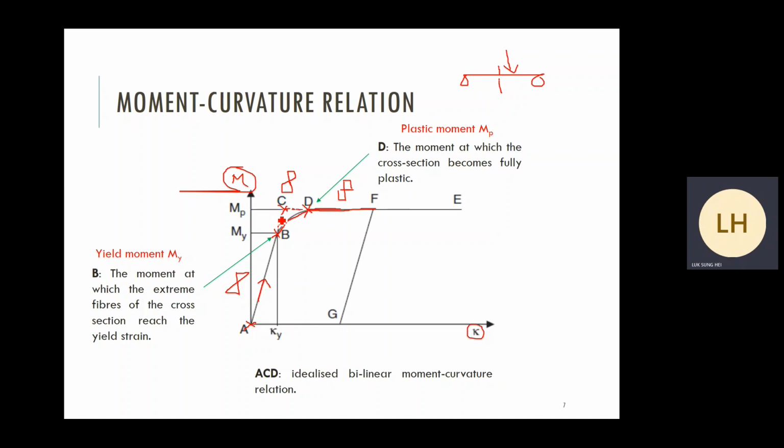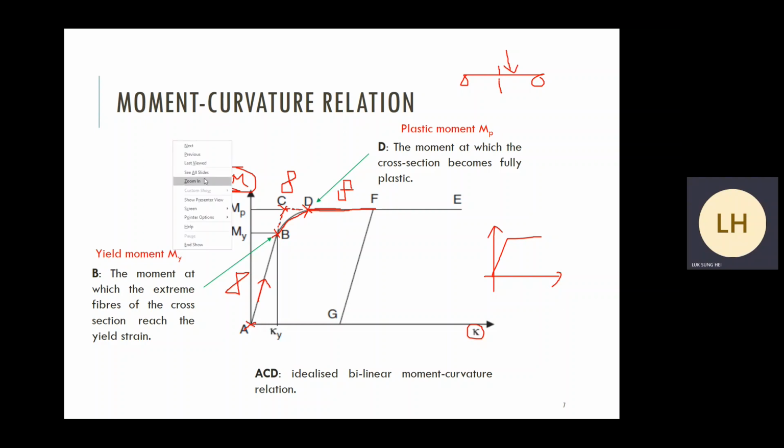To simplify our analysis, we ignore the nonlinear behavior. Just use this imaginary point C, so that the member also behaves as a bilinear model, two straight lines, with the formulation more easy. That's why we have point C over here on the picture.